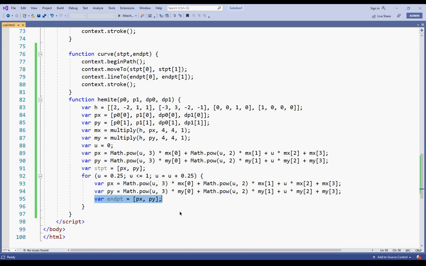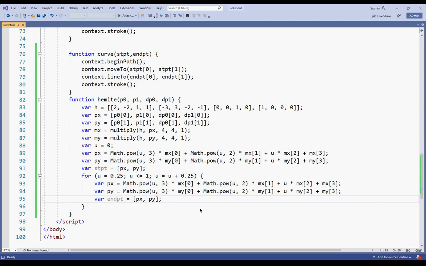Previously px py I calculated for u equal to 0. Okay, so just let me know. Okay, fine, some of you have answered. So this is the endpoint I have received.